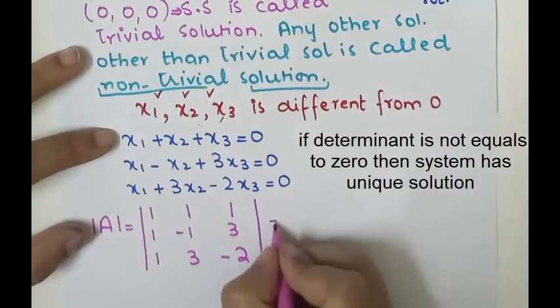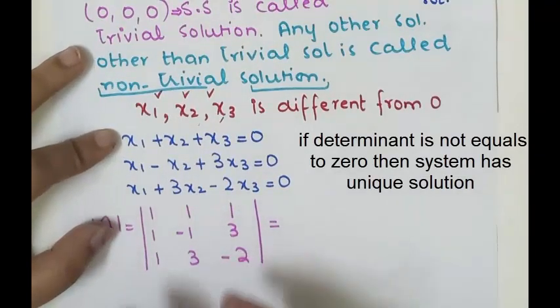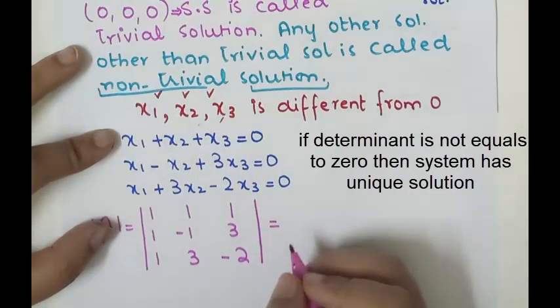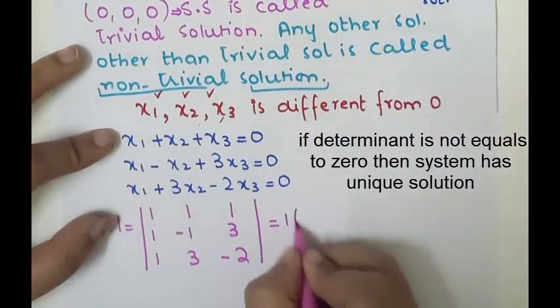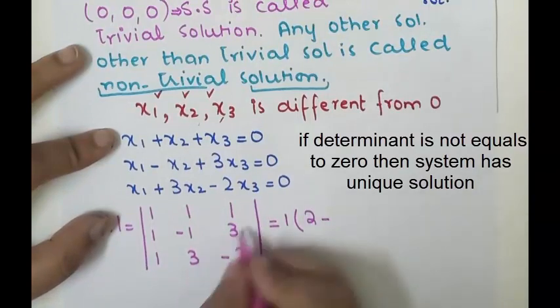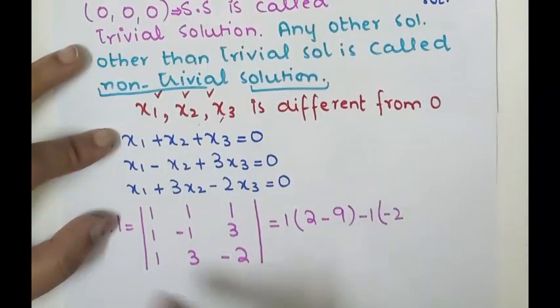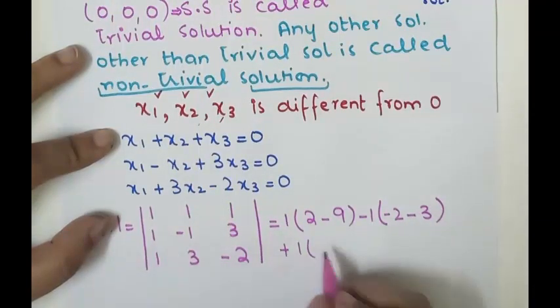First we will find its determinant and see whether its value is equal to 0 or not. We can also make two zeros in a column or a row and expand, or solve in the traditional way we solve a 3 by 3 matrix. So we have 1 times (2 minus 9), minus 1 times (minus 2 minus 3), plus 1 times (3 plus 1).